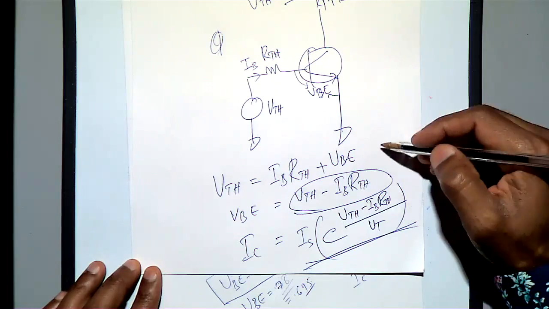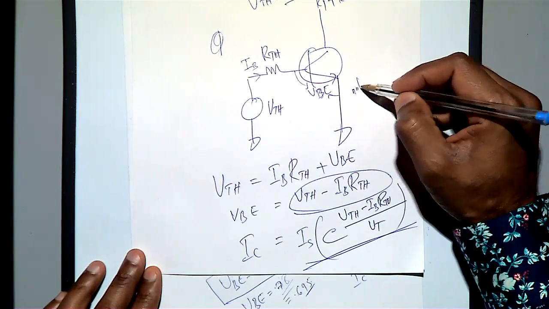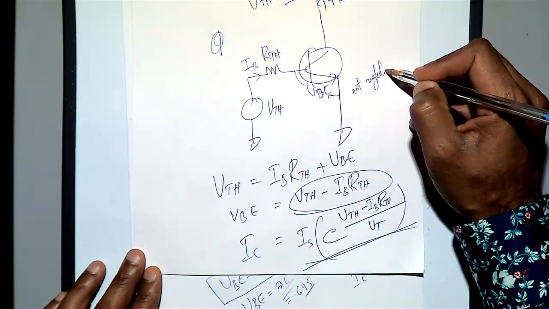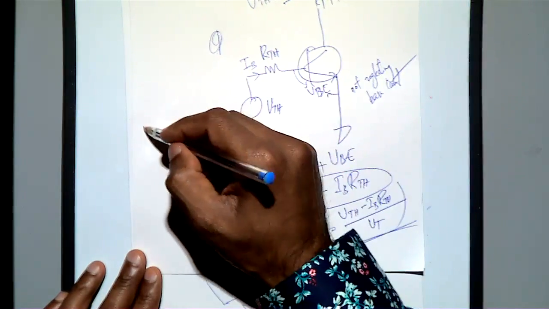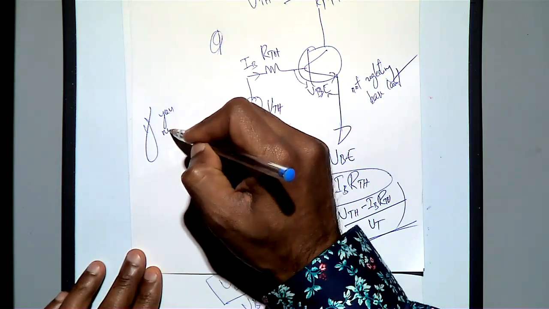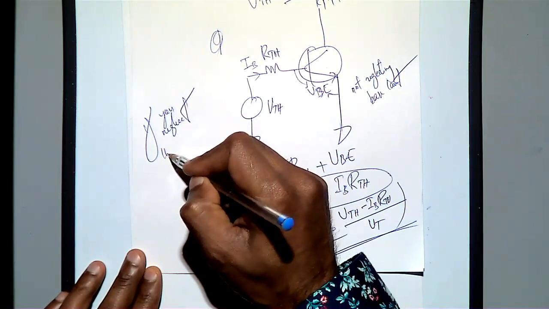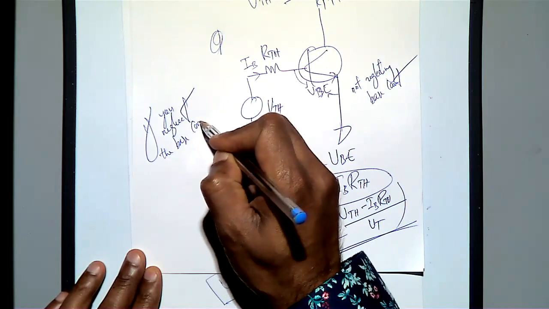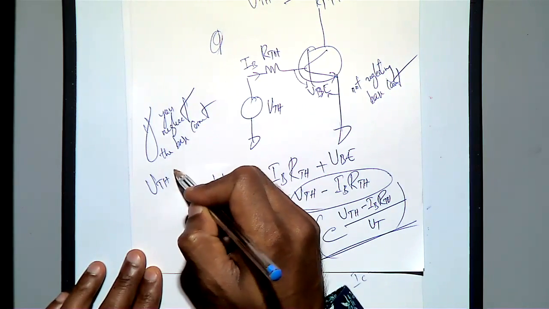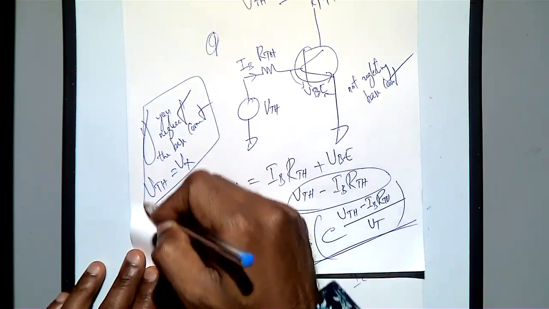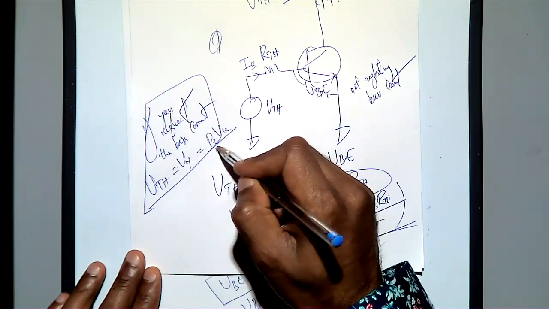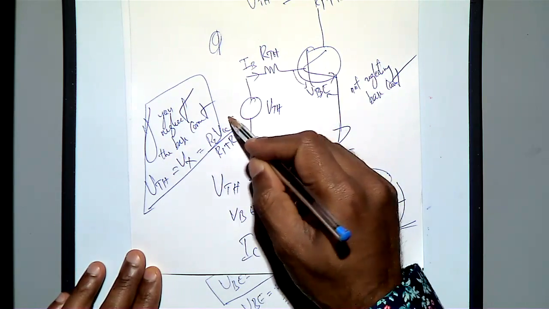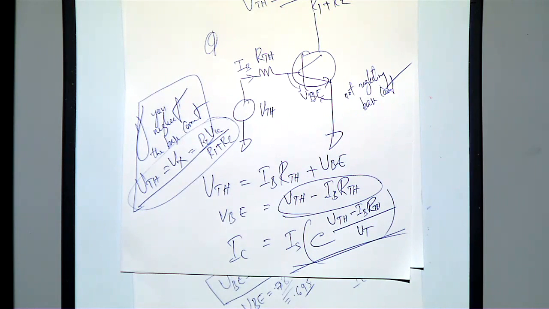And if you neglect the base current, then VTH is equal to Vx, which is equal to R2 into VCC by R1 plus R2. So this one, VTH equal to Vx, holds only when your base current is neglected.